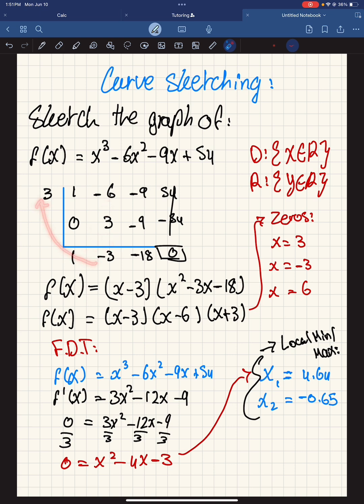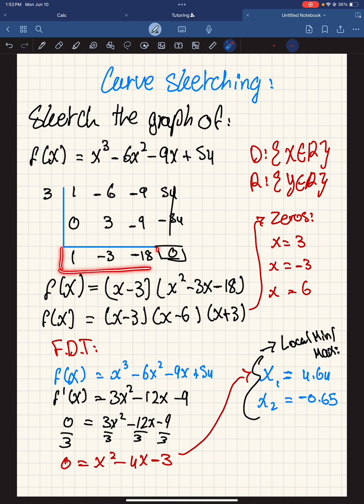You multiply, and it gives you negative 9. You add these two, and it gives you negative 18. Then you multiply these two, and it gives you negative 54, with positive 54. They cancel out, and you're left with 0. If you're left with 0, that means that this is one of the zeros for this function.